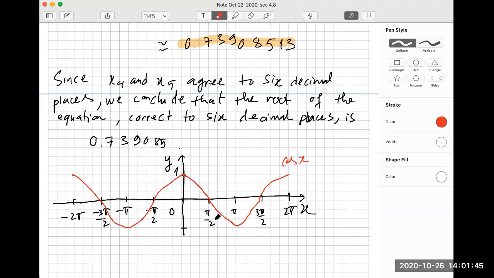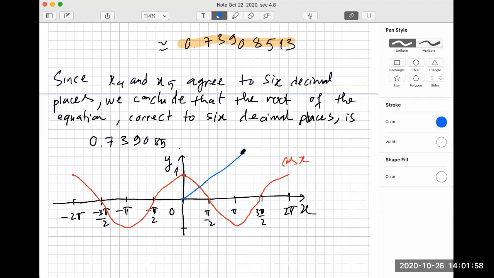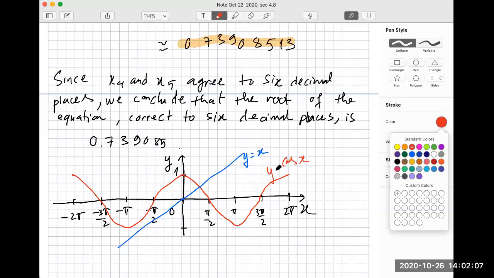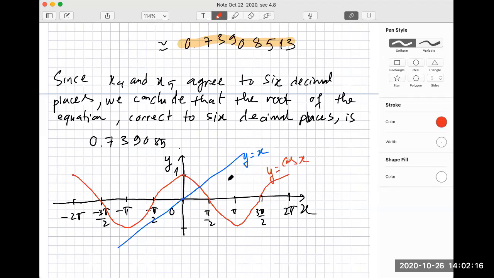And pi over 2 is about 1.5 something. Therefore, the graph y equals x should be like this. So the solution of cosine x equals x will be the intersection of these two.